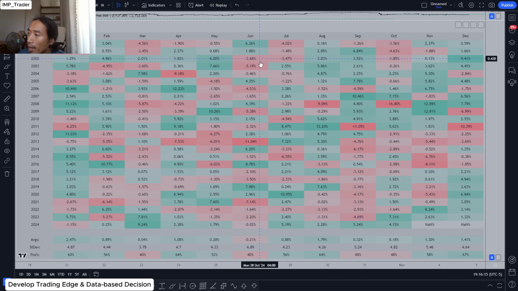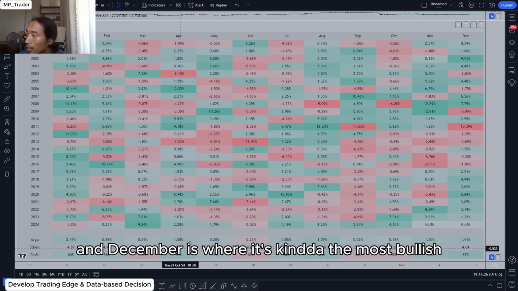If you're looking at this, you can see that seasonality of gold is quite bullish on many months, and December is where it is the most bullish.